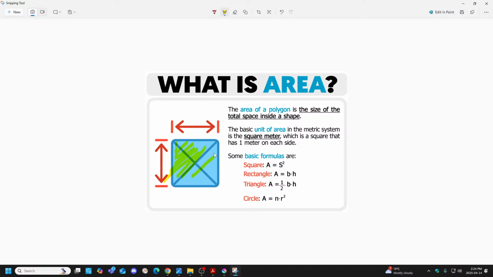But there you go, guys. That's what they're referring to. All of that surface area. That's the area. Let's say, for example, you wanted to cut a piece of paper that filled that shape. You would be cutting out a piece of paper whatever area it is to fit that area.